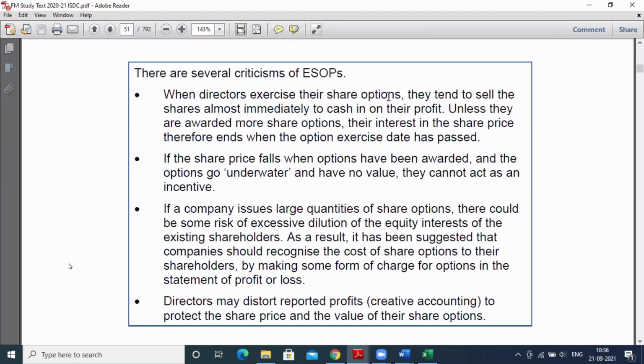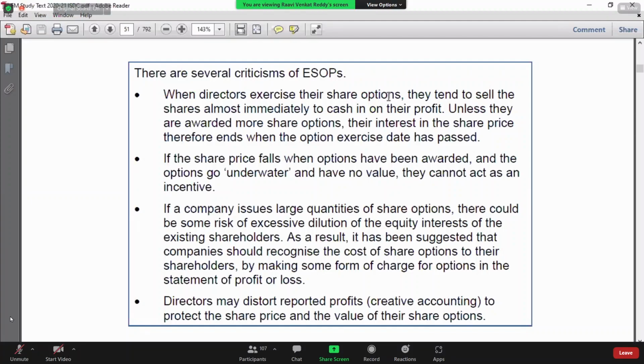But because of excess issue of employee stock options, these are shares which are issued as part of their remuneration. Once the company decided to issue the shares to the executive director, let us assume that because of this extra issue, the total shares instead of 10,000 increased to 15,000. When it was 10,000, each share earned $10.